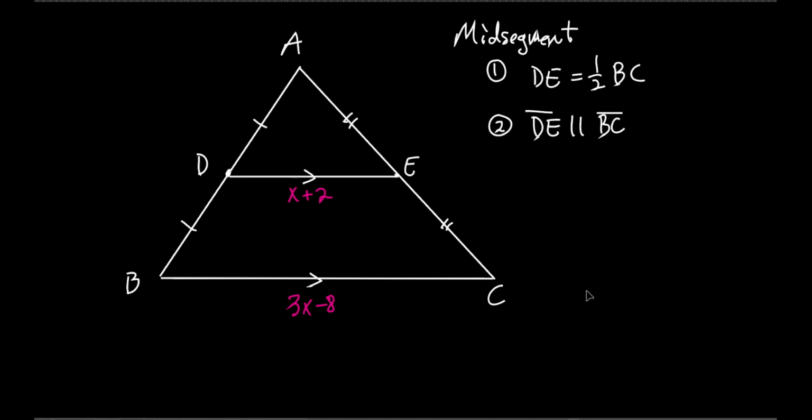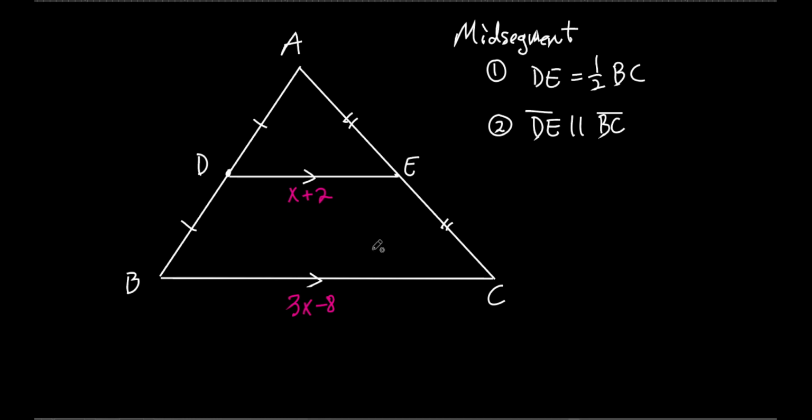Hopefully it works out. Now, how would I solve for either one of these? Let's say we want to solve for DE or BC. It doesn't make any difference because what are we eventually going to do? What's our first step? Well, not our first step, but we want to find X, don't we? All right. We've done this before, right? You got to do a little bit of algebra.